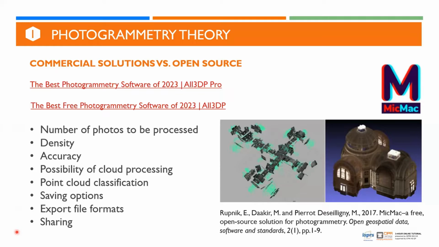The density of the results that you want to obtain, the accuracy, the possibility of cloud processing, the point cloud classification also, so identifying the classes, some saving options. When you are dealing with open source software, sometimes also the export file formats are reduced, and also the possibility of sharing.